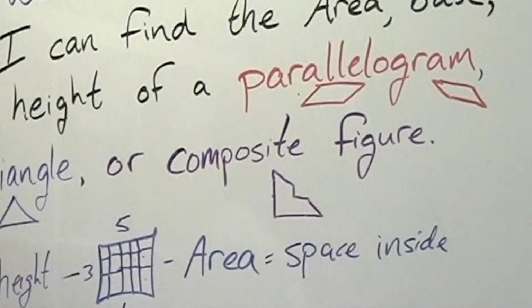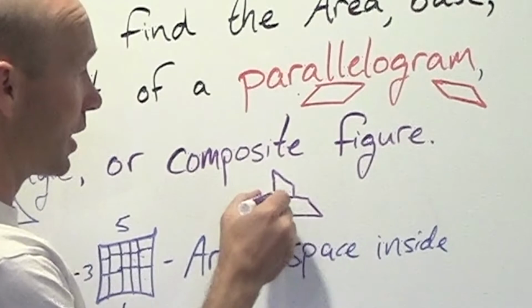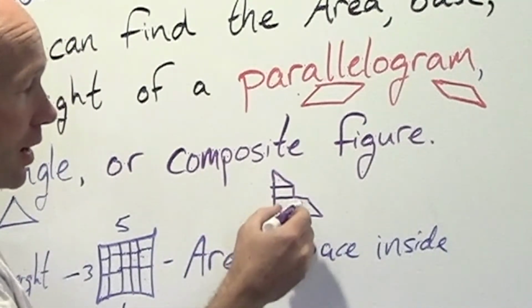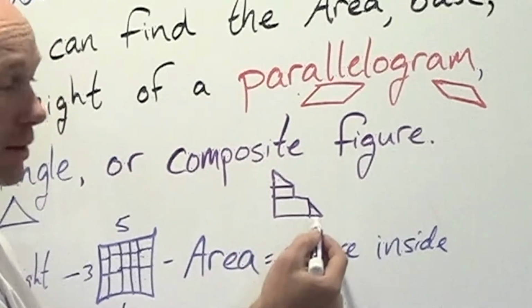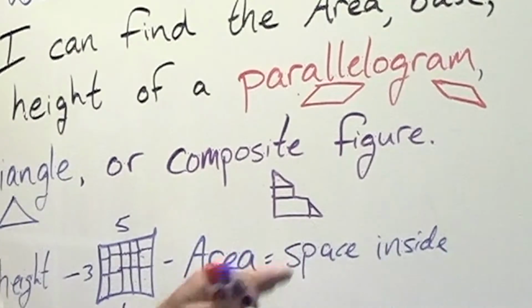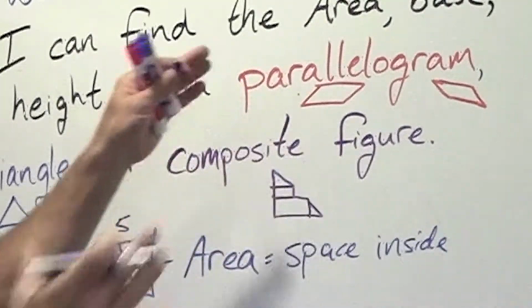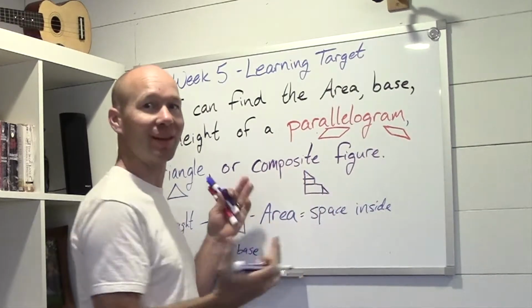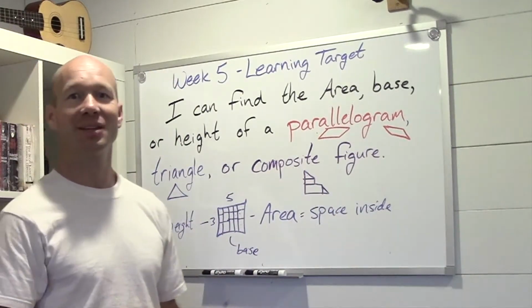Alright, so what do I have with this composite figure? Well, I've got a rectangle there, I have a triangle here, I have another rectangle here, and another triangle here. So I've got multiple figures in one, and I can figure out the area of each of those figures and then add them all together. And we're going to get there.